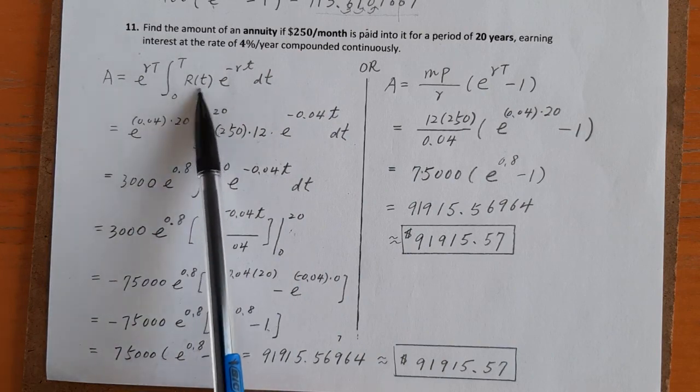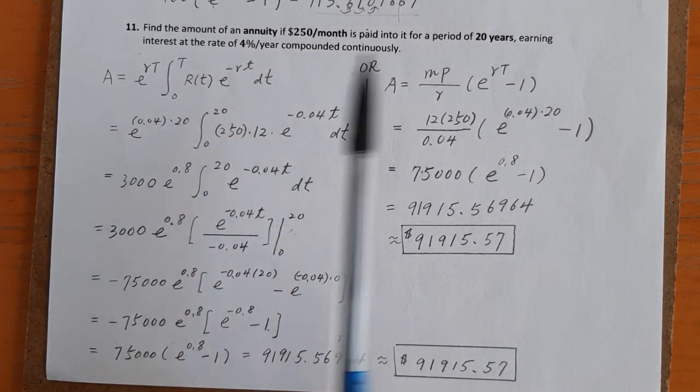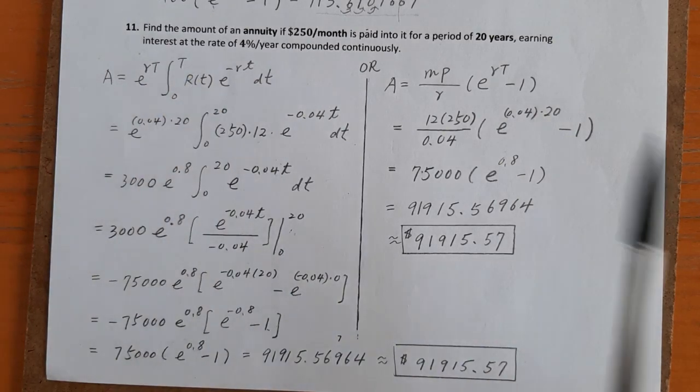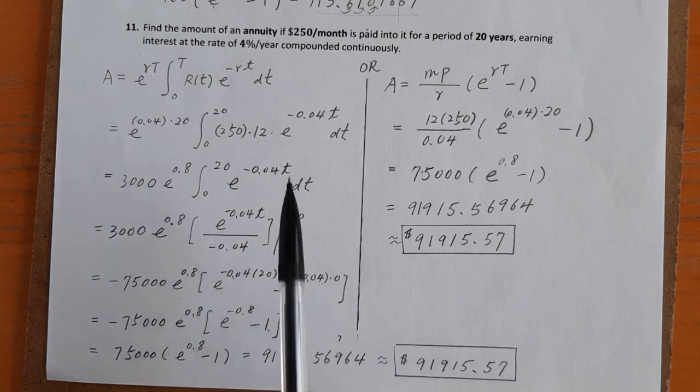So you can use this. R of t is 250 times 12 months, 1 year. R of t is the 1 year rate. So how many dollars do you deposit?